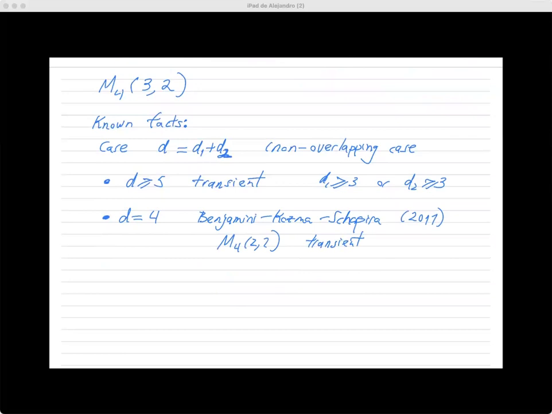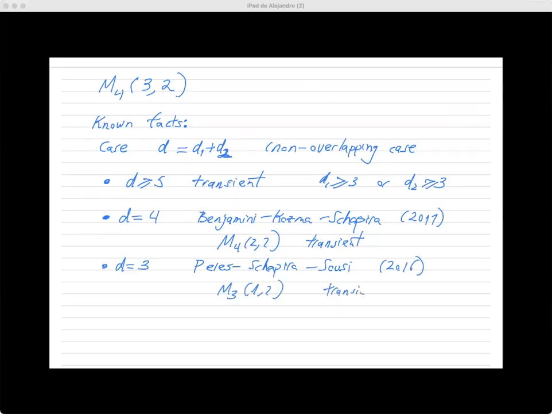There was then another interesting result of Perez in dimension 3, Perez, Shapira, and Susi. And they show that the case M312 is transient.